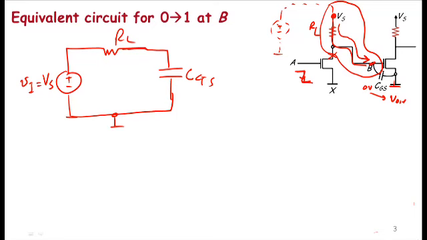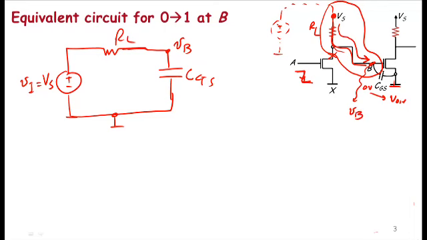I hope it is clear that the equivalent circuit that reflects the charging up of the capacitor is my supply voltage Vs, which works as my input voltage, charging up the capacitor through the resistor RL. This is the equivalent circuit shown on the left hand side. The capacitor voltage, this node, has voltage VB, that's the voltage across the capacitor.